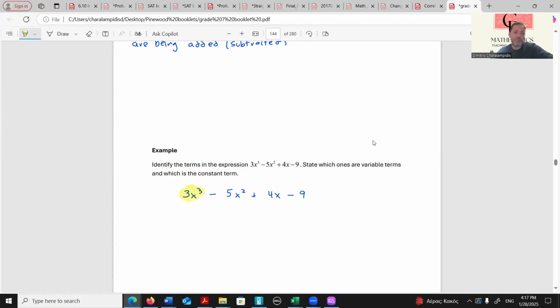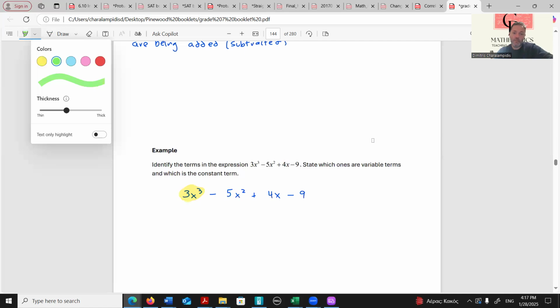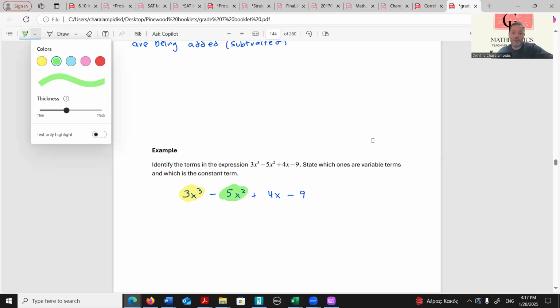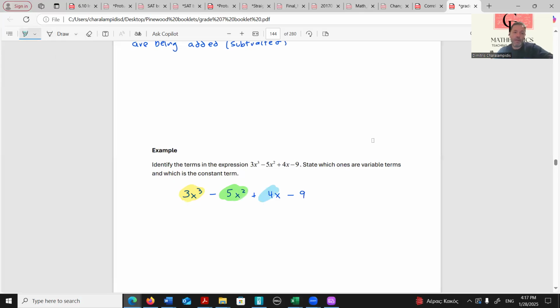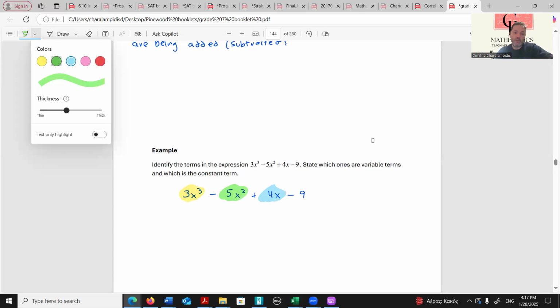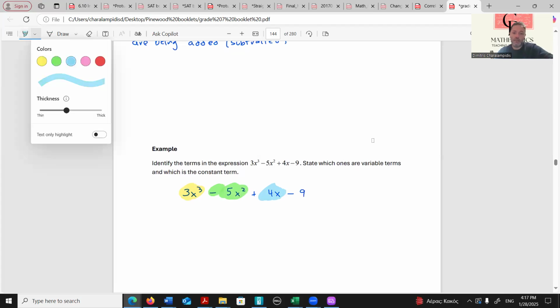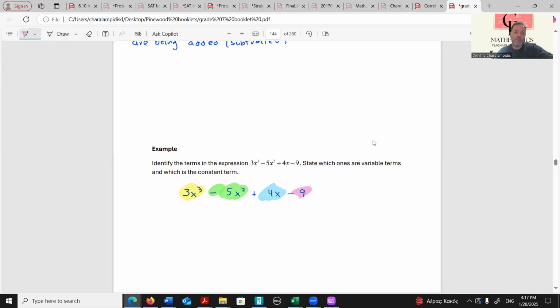So 3x cubed, minus 5x squared, plus 4x, and negative 9. All these four are the terms.